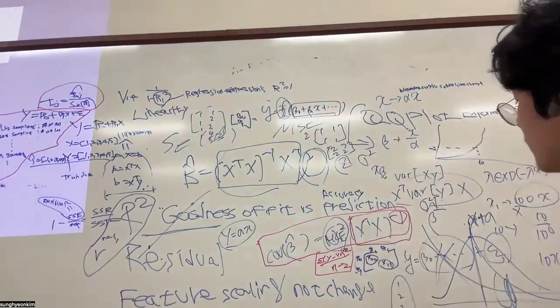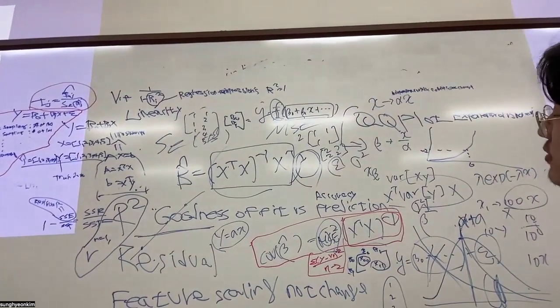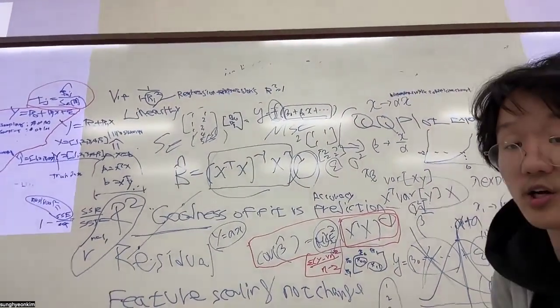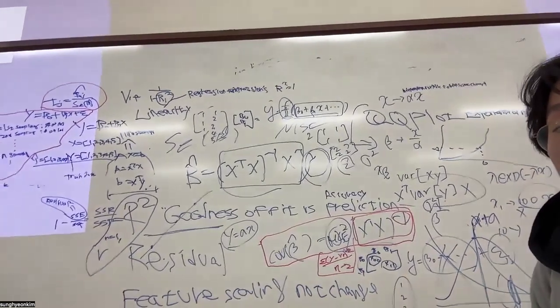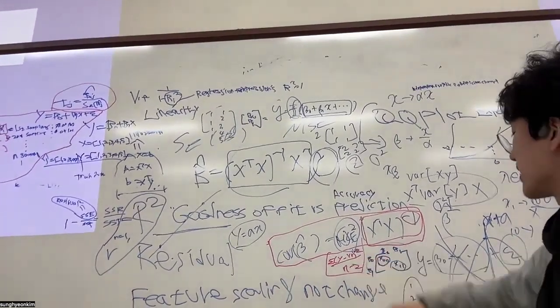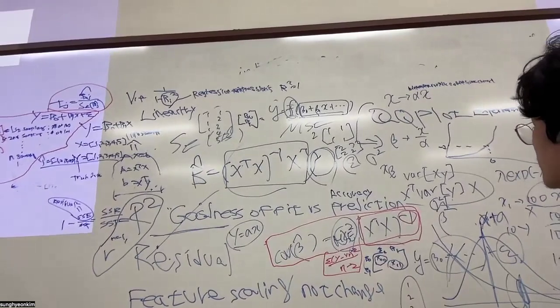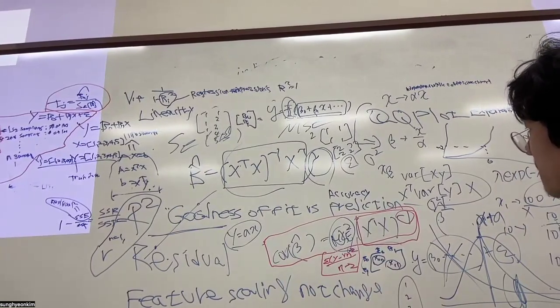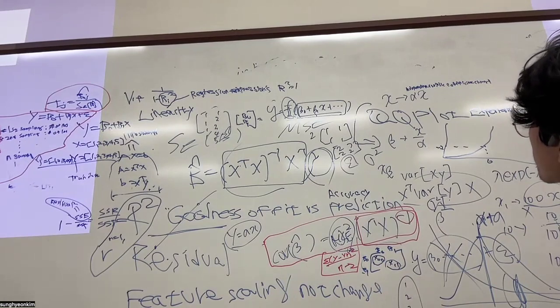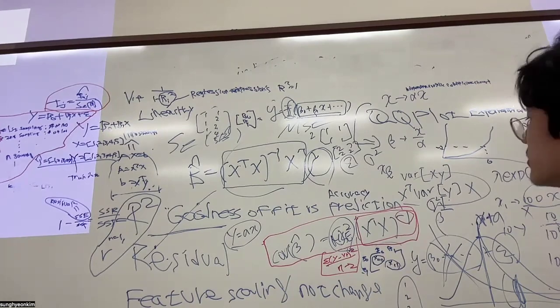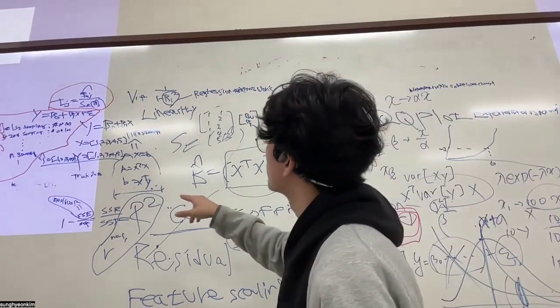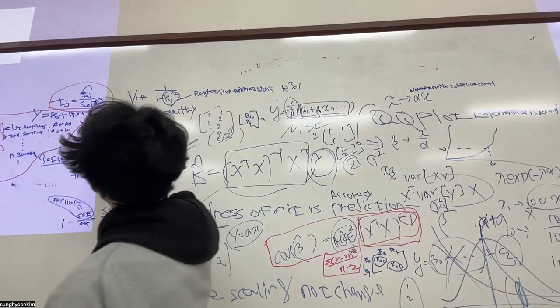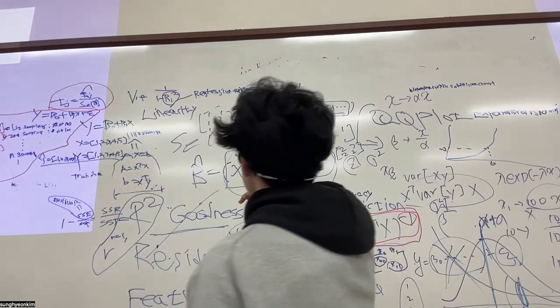In this case, we can calculate the MSE easily by the sum of yi minus yi hat squared. And we can calculate the covariance from X transpose X, so we can do X and X transpose.